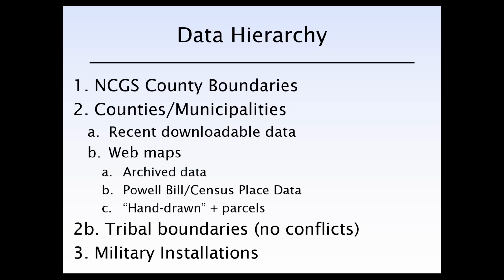And then on top of those county boundaries, I placed municipality limits that were mostly acquired from the counties and municipalities. So in many cases, I could simply download fairly recent data from the county sites. And so I simply plugged that into the data set on top of the county boundaries.